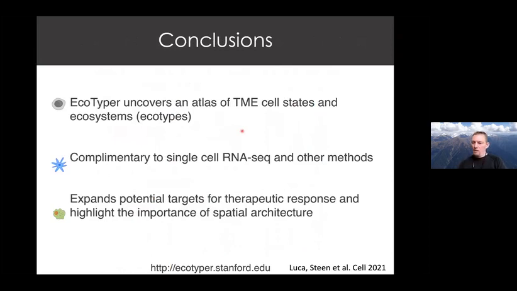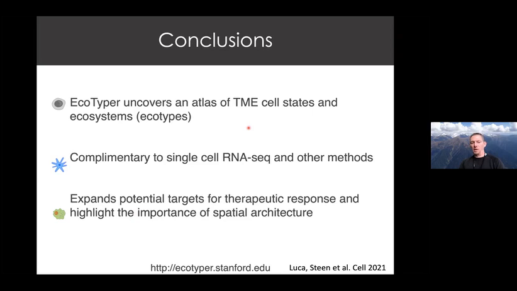So I'm going to wrap up there. I hope I've convinced you that we can use deconvolution approaches with large amounts of public data to uncover something about the tumor microenvironment, specifically the different cell states and ecotypes that they form and how those recur across tumors.